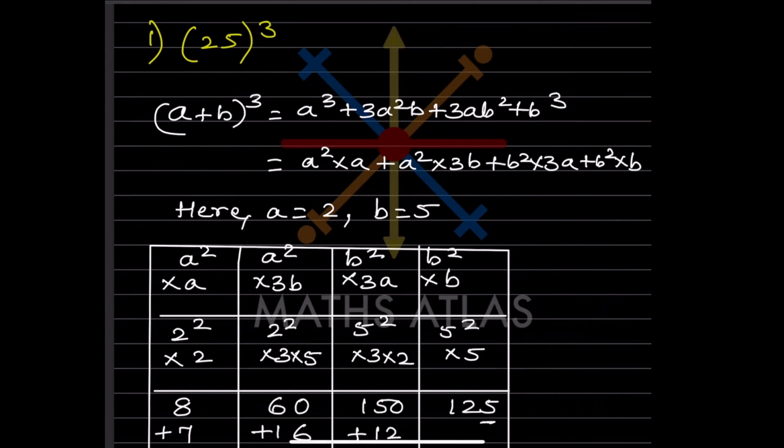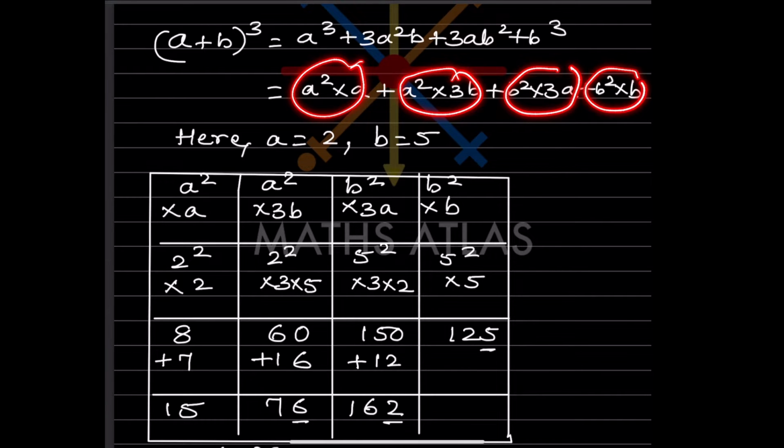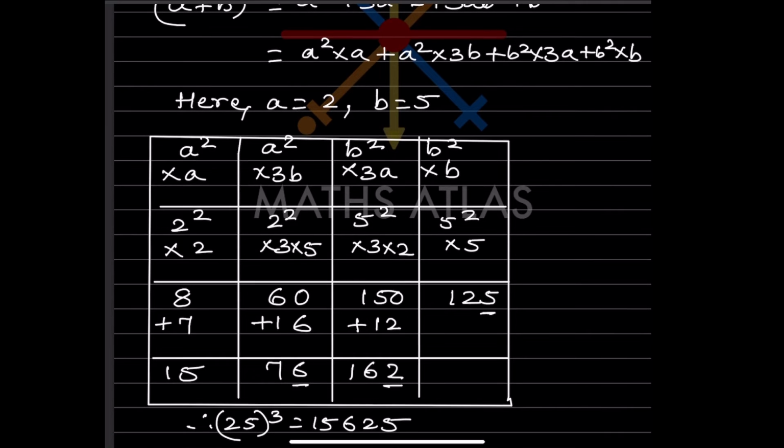Now when we say 25 cube, this 5 is in the units place and the 2 is in the tens place, so a is 2 and b is 5. Now let us make 4 columns and write this. You know a is 2 and b is 5, so you only have to plug in the values.